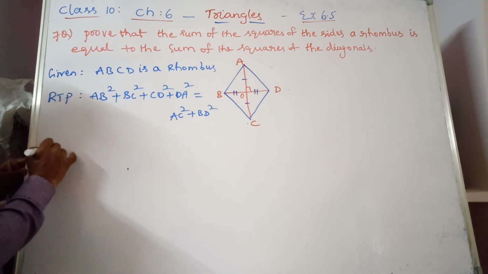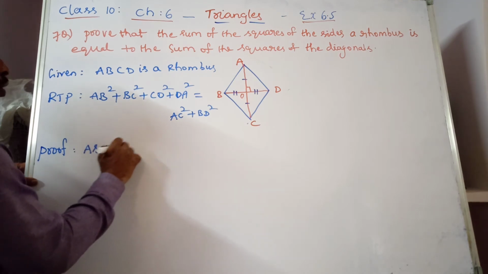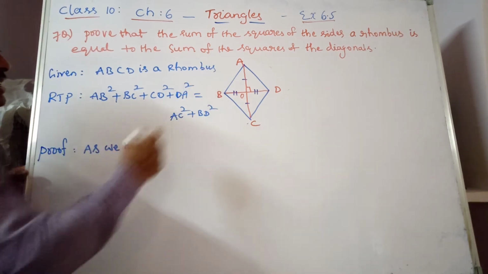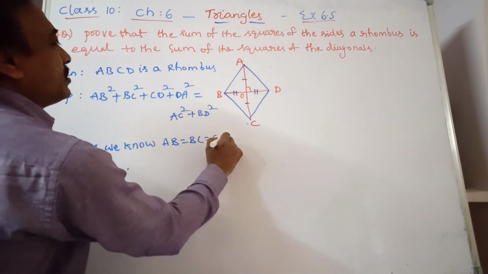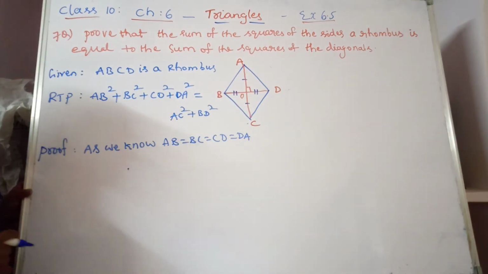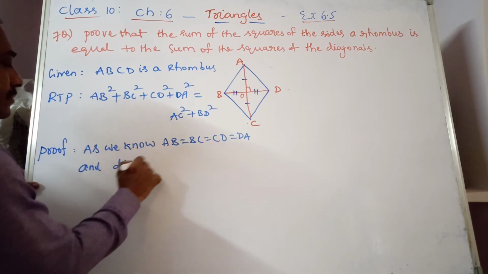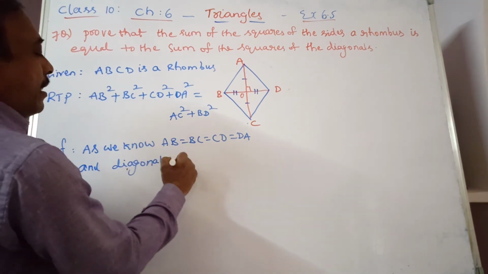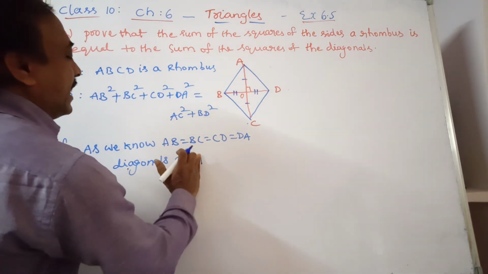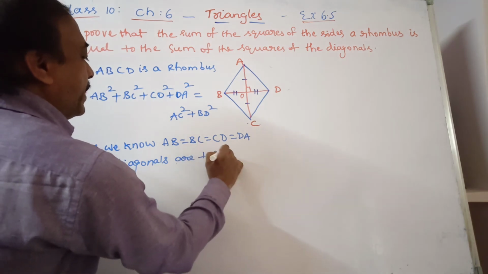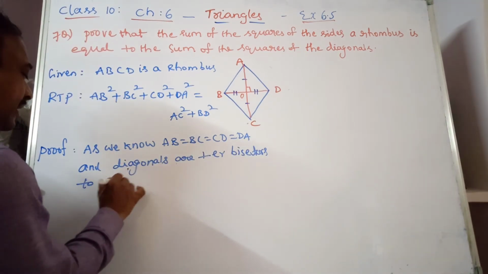Now proof. Before proving, first we will write what we know. All the sides are equal in a rhombus. AB is equal to BC is equal to CD is equal to DA. And diagonals are perpendicular bisectors to each other.